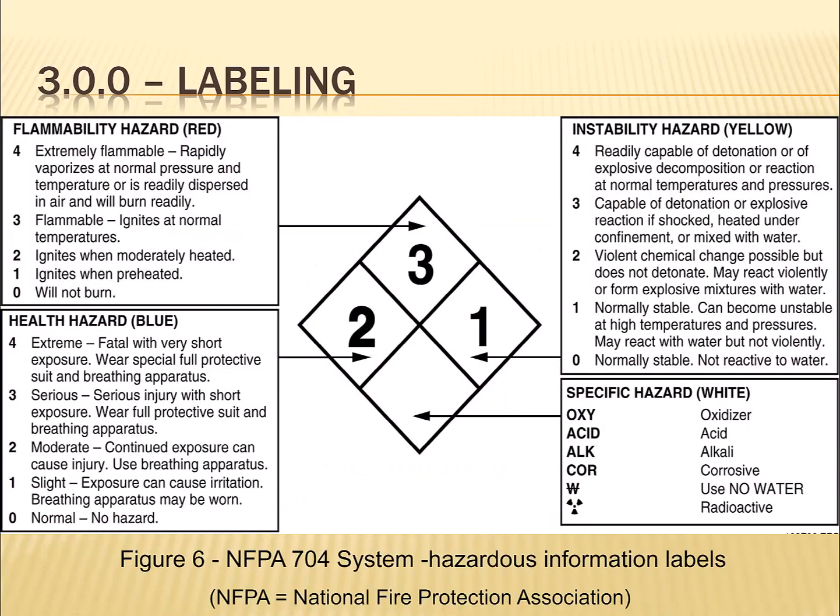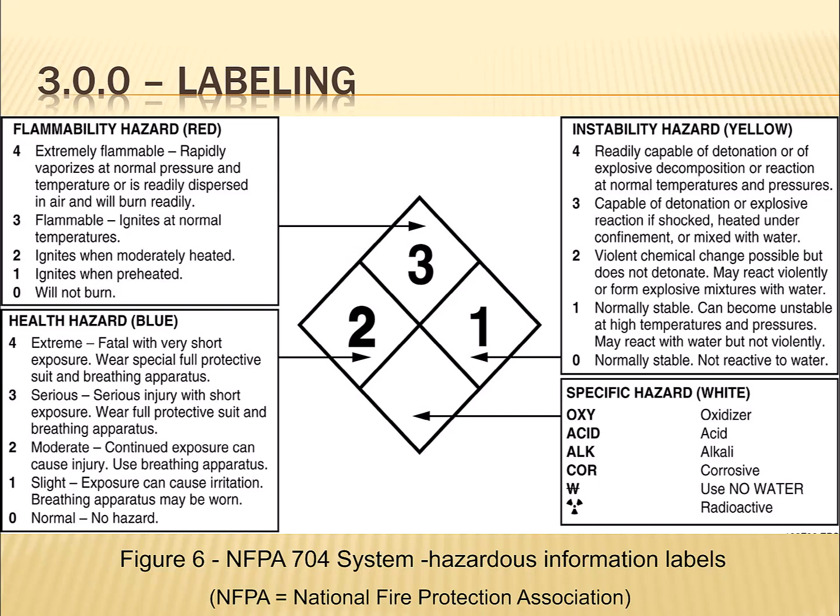This is one of the labeling systems we have, the NFPA 704 system. Does that sound a little familiar? We talked about it in the fire protection and prevention chapter. So here it is again, that NFPA 704 hazard diamond, where you've got numbers from 0 to 4 in the three upper diamonds, where 0 has no hazard and 4 is the highest form of hazard.